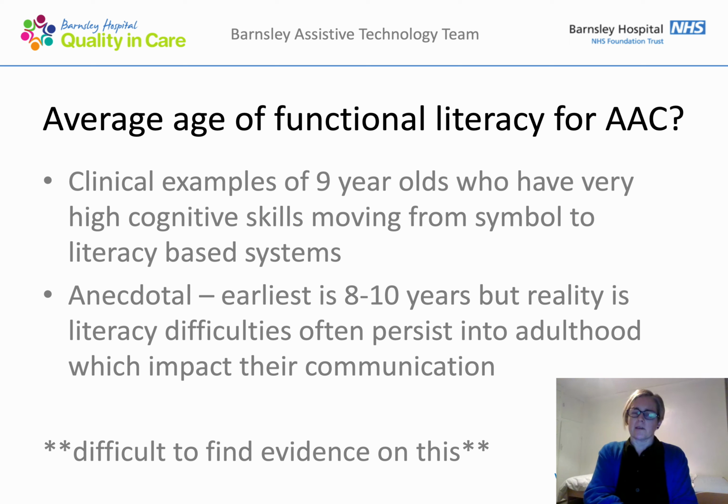But also, like I said, we do know that literacy difficulties often persist into adulthood and can impact their communication. And if we're thinking that these children might be, say, between 8 and 10 years, that is a long period of up to 8 years where they're reliant on symbols, and symbols which may not meet all of their communication needs.